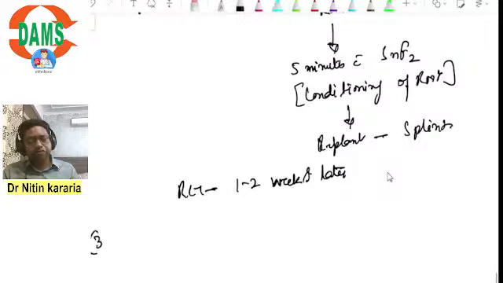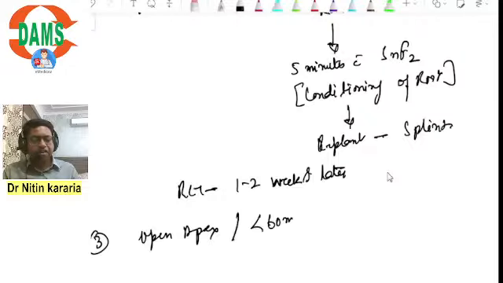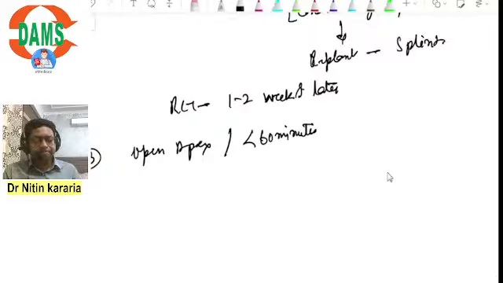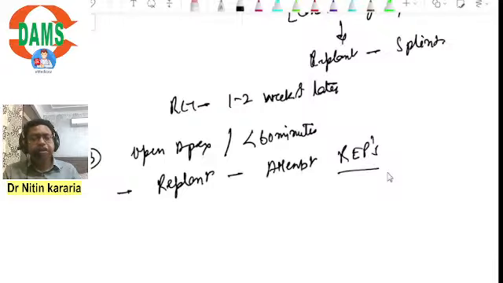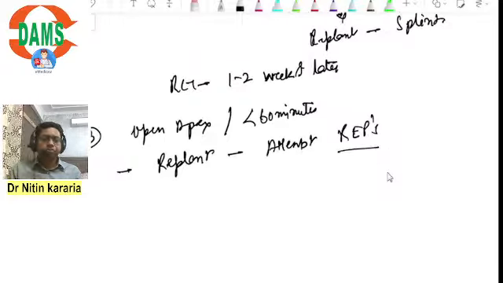Third clinical scenario is an open apex tooth with time less than 60 minutes. Okay, we replant the tooth and attempt regenerative endodontic procedures. REP stands for regenerative endodontic procedures, or apexification.